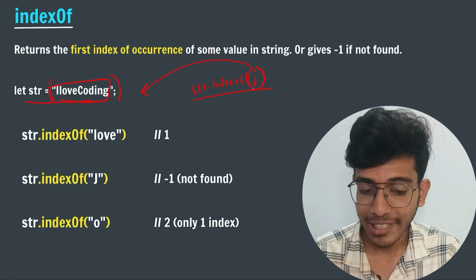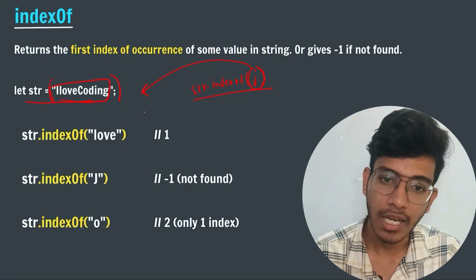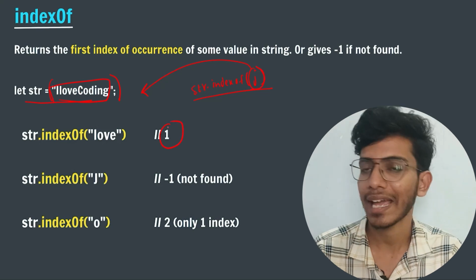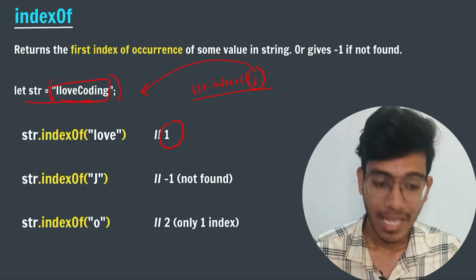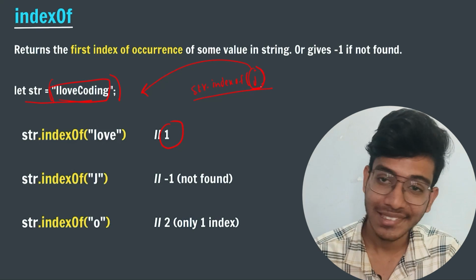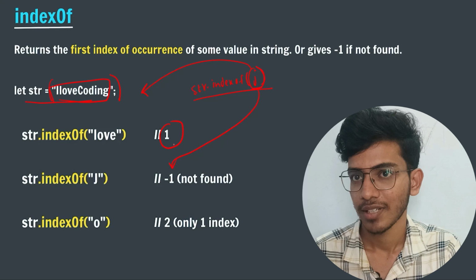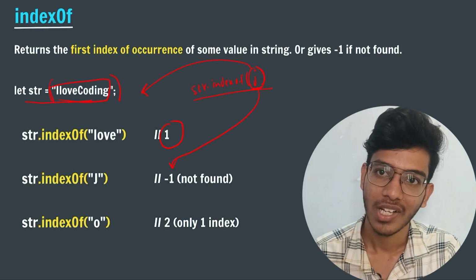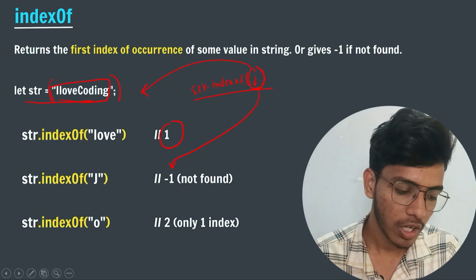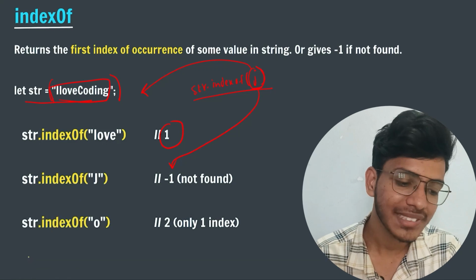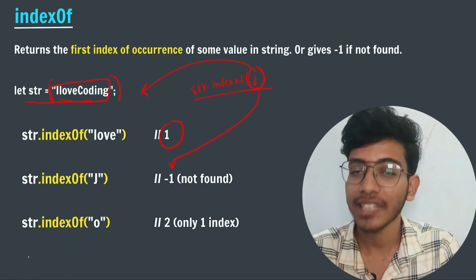If the character exists in the string, it will return the index of that character. If that particular character does not exist in my string, then it will return -1.